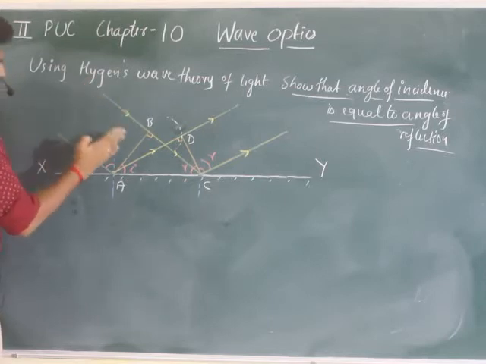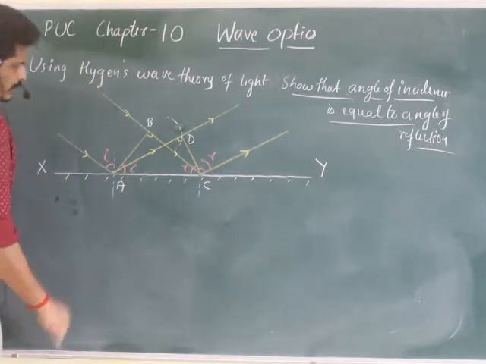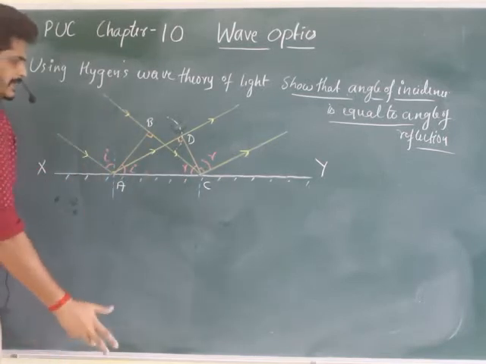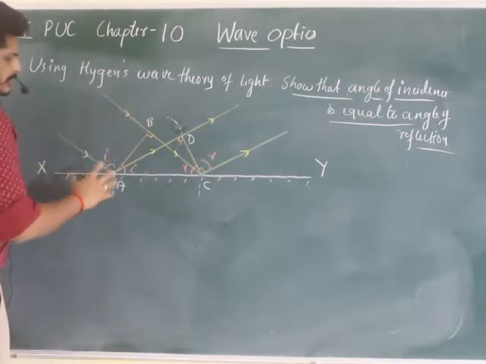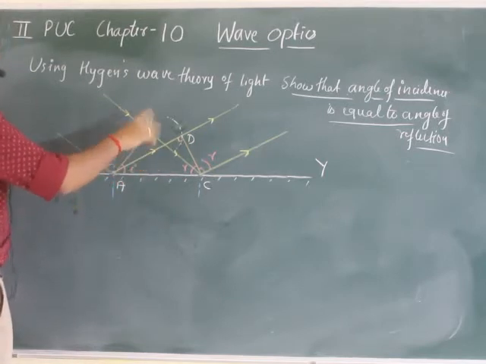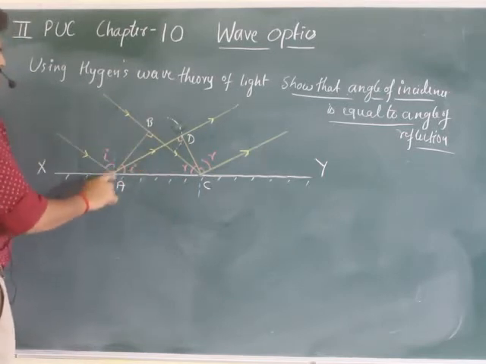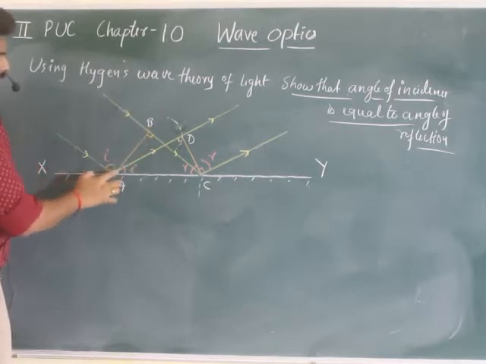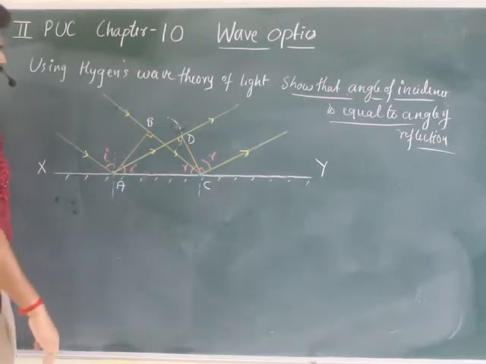So this particular plane wavefront of light, when it is incident on the surface XY, of course reflection takes place. The wavefront which represents that it is a plane wavefront is AB. So AB represents the plane wavefront, a straight line in between the two rays we have represented here.